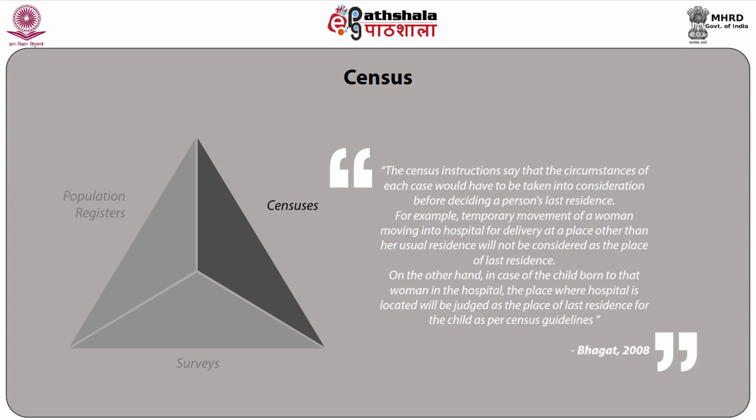On the other hand, in the case of the child born to that woman in the hospital, the place where the hospital is located will be judged as the place of last residence for the child as per census guidelines.